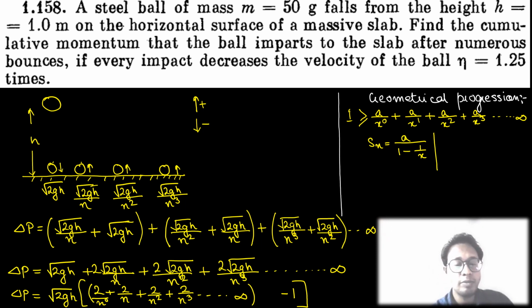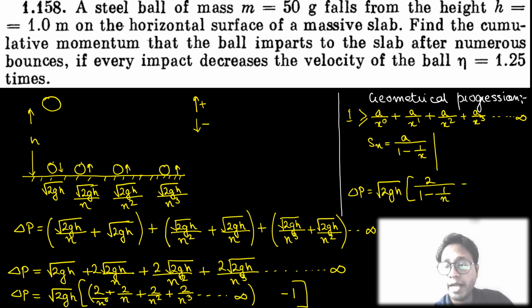So the summation will be: change in momentum is equal to √(2gh) into, what is the value of a? The value of a is 2 divided by 1 minus 1/n, minus 1. Now this is the answer. Just simplify the equation out here.